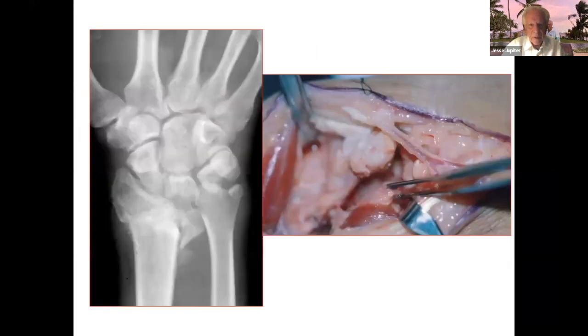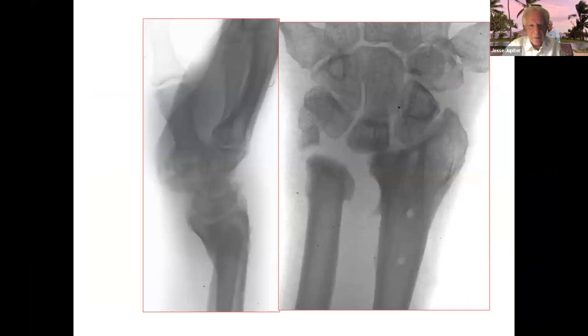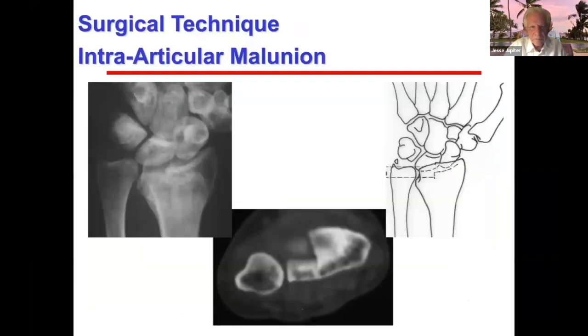And so I emphasize again that rotation is often associated with these deformities. And by doing this preoperatively, it seemed apparent that we could elevate the impacted lunate facet and elevate the extra-articular malunion. And he had to have the plate out later, but he had a very functional wrist for a surgeon.